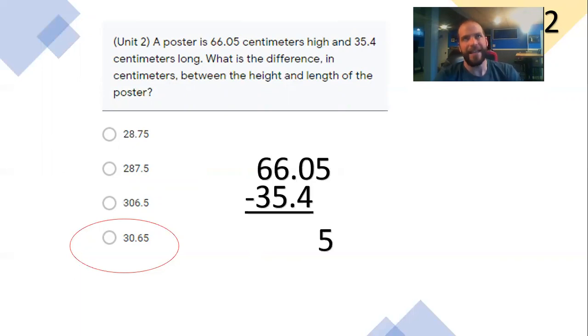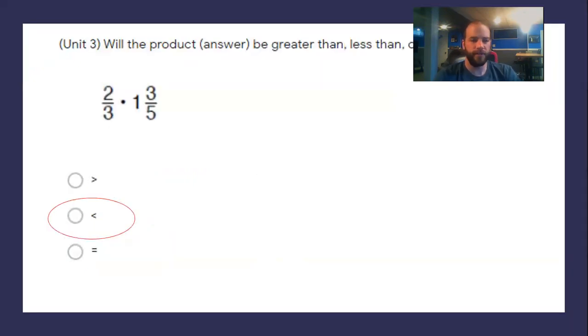You cannot take 4 from 0. You cannot do it. So you have to borrow from the 6, and then you get 10. And then when you borrow from the 6 and you get 10/10, 10 minus 4 is 6. Keep the decimal there, and then 5 minus 5 is nothing. And then 6 minus 3 is 3. So it's 30 and 6,500.